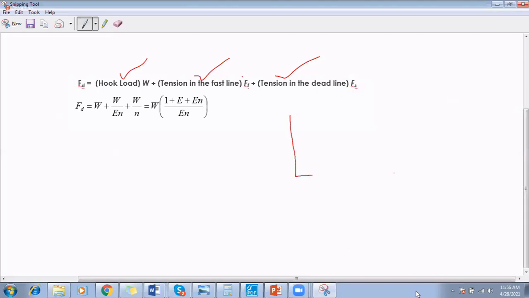So if I am going to draw this is the derrick load, and the hook load is actually present here. This is hook load, and drawworks are usually present here.